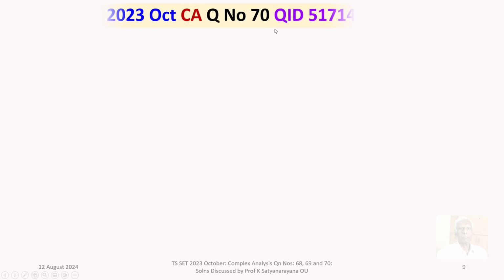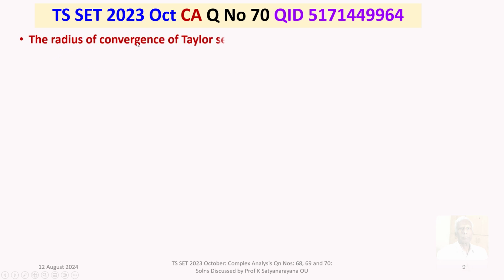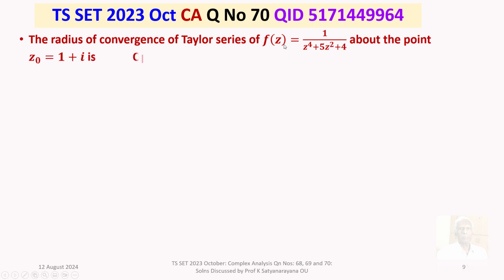That is question number 70 with this given ID. Right. Now, the radius of convergence of Taylor's series of f of z is equal to 1 by z to the power of 4 plus 5z square plus 4 about the point z0 is equal to 1 plus i is.